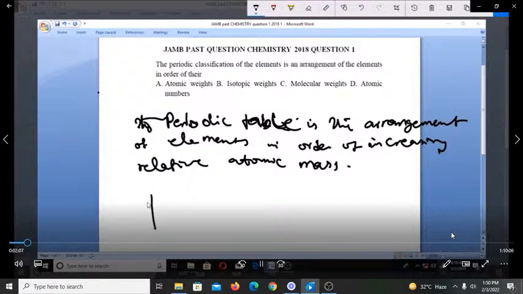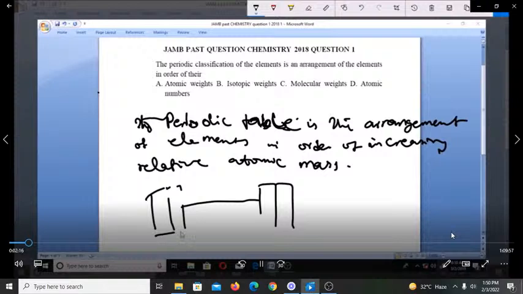You have a table like this, where you have elements arranged in the periodic table. Now, what is actually happening in this periodic table?